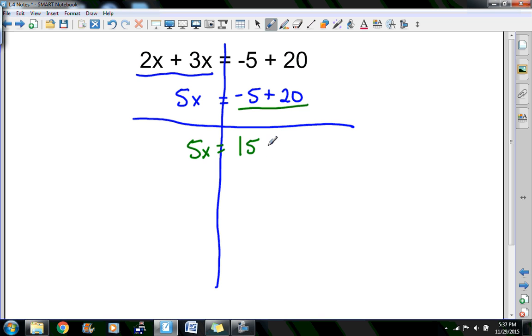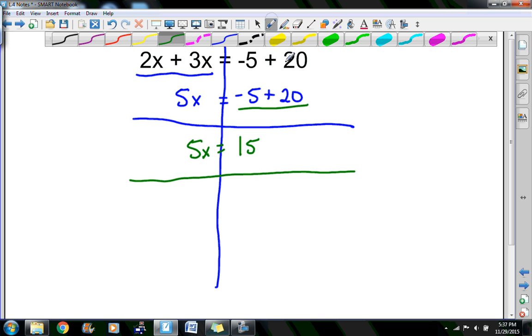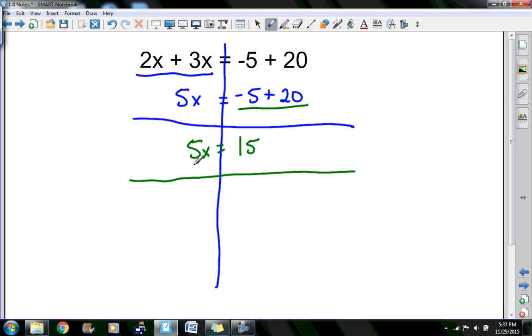And now this looks exactly like what we've been doing before. So here, 5 times x, the opposite of multiplying is dividing. So I create on the left side 1x, or just x, and on the right side I create positive 3.